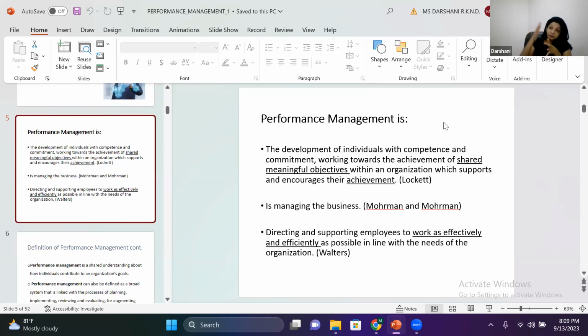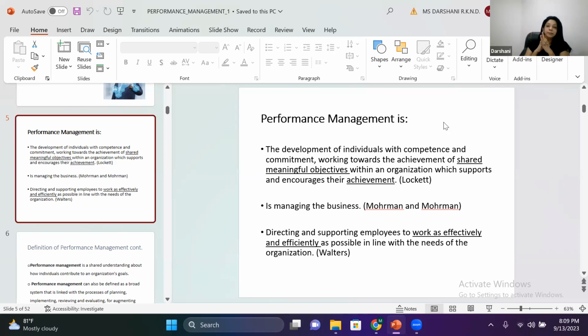We would be looking at individuals individually. Individually we will be giving you feedback, and individually we will be giving you supervision. So then you will be individually developed. Once you individually develop and go with a team, you will be able to go with a proper organization as well, because your competence goes up. When you work with a group, you are someone with a lot of competence. So that is important.